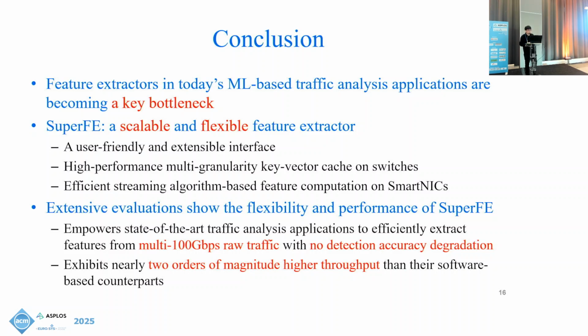Extensive evaluation shows the flexibility and performance of SuperFE, which empowers state-of-the-art traffic analysis applications to efficiently extract features from multi-hundred gigabits per second raw traffic with no detection accuracy degradation, and exhibits nearly 2 orders of magnitude higher throughput than their software-based counterparts.